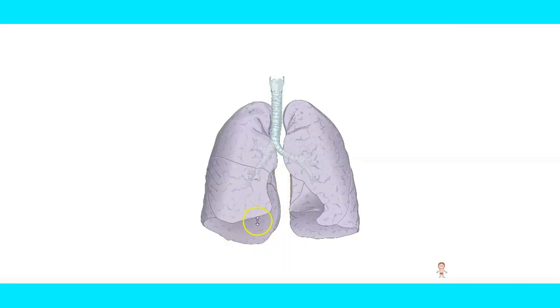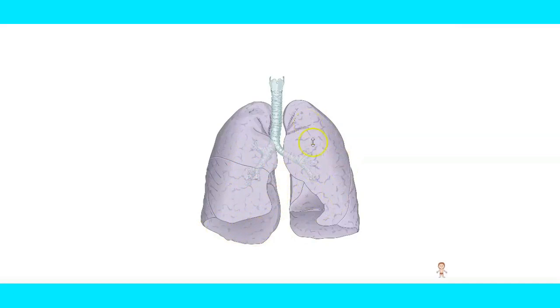Then you have this inferior border, which there are two of them here, or just say the inferior border. The inferior border is separating the mediastinal surface and the costal surface from the diaphragmatic surface. So the inferior border separates what? The costal surface and the mediastinal surface from the diaphragmatic surface.